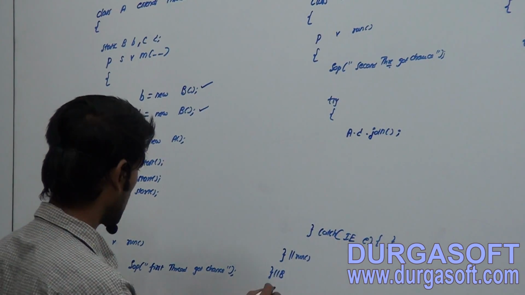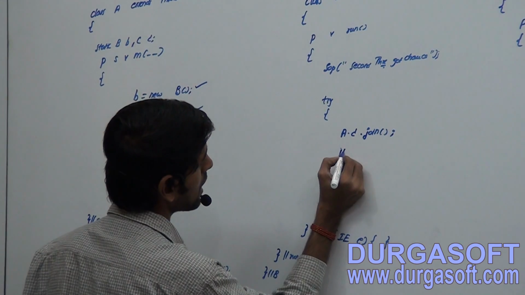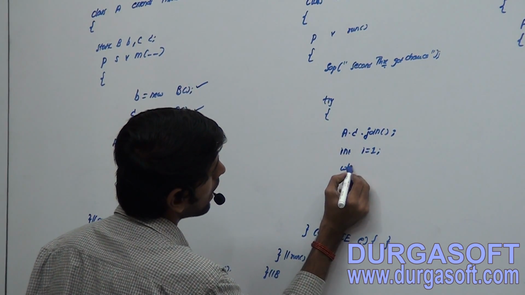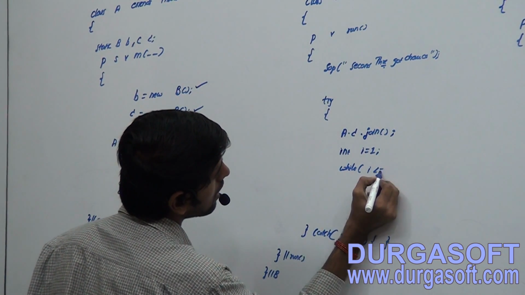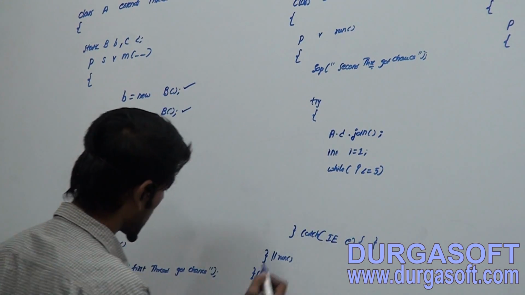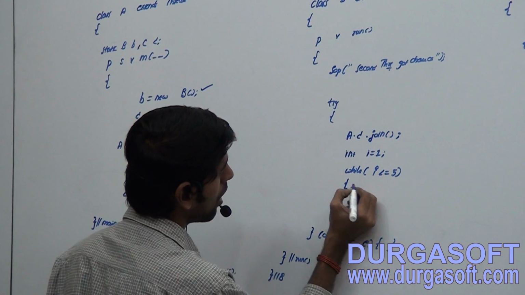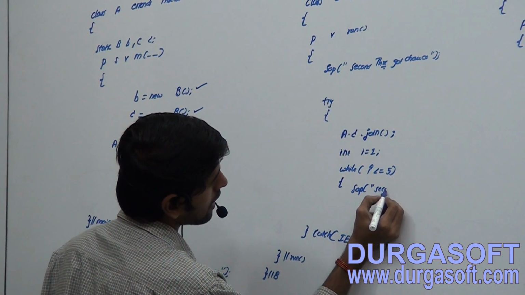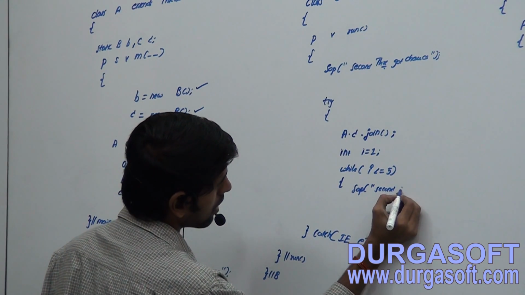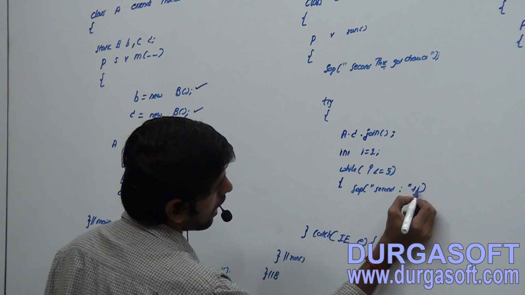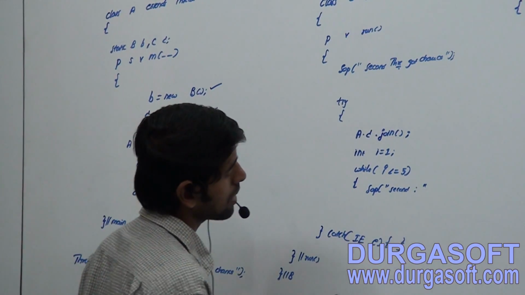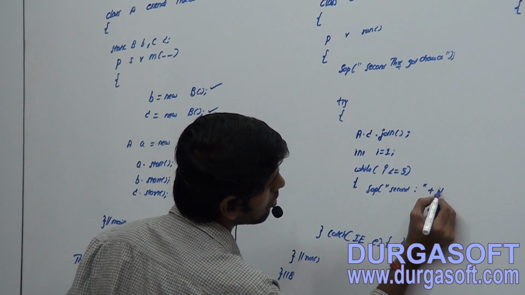What we are going to do here: the same thing. int i = 1, while i is less than or equal to 5, SOP of the same thing. Nothing changed here. Second plus i, and i plus plus.